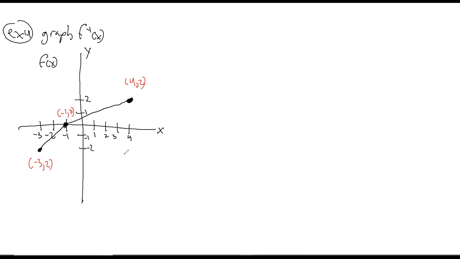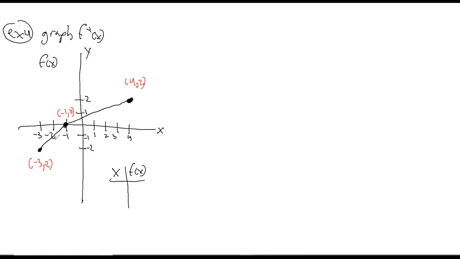Let me actually write these as a table of values. So x, f of x. Am I missing the negative? I am missing the negative on the 2. Thank you for catching that. -3, -2, -1, 0, 4, 2. Okay, good.